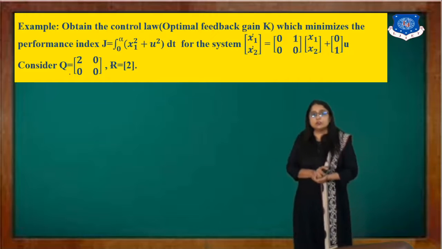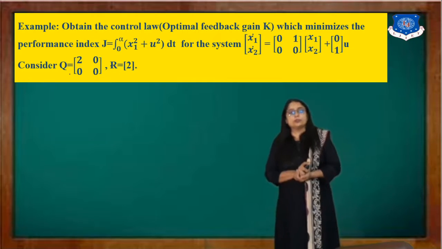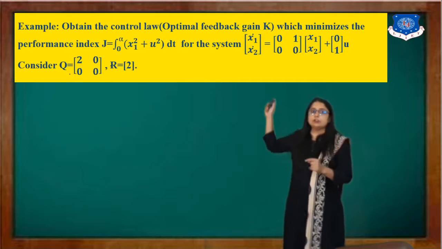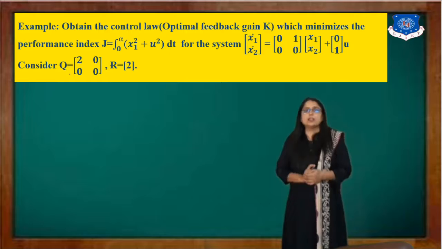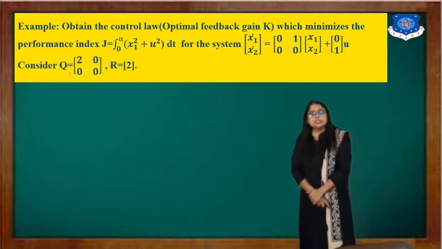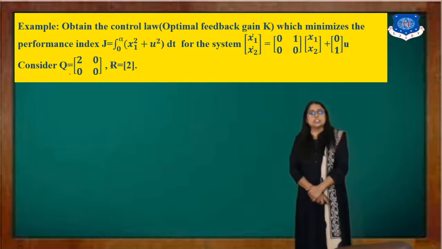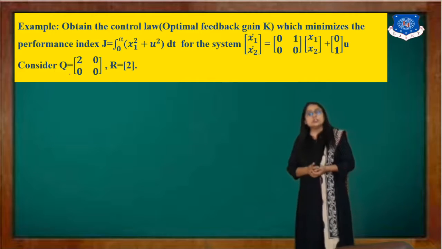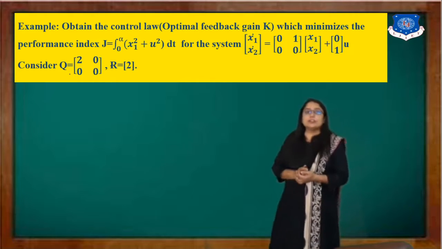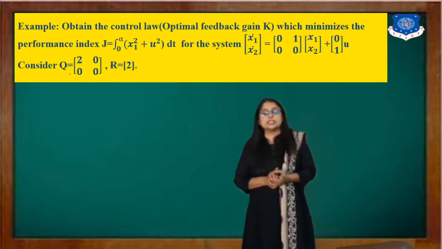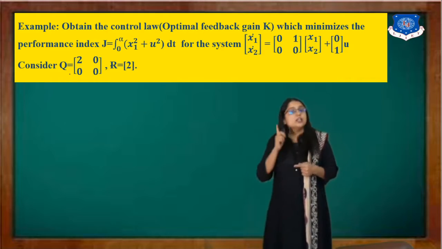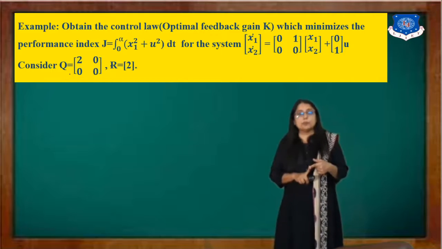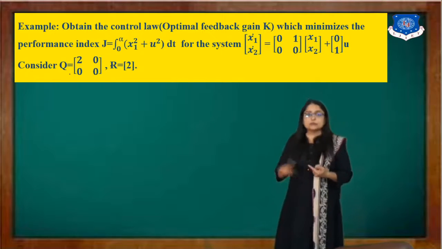Here we have to obtain the control law K. In the last session we already found the value of K, which minimizes the performance index J equal to the integral from 0 to infinity of x1 square plus u square dt. You know very well what the performance index is, which we discussed when we learned the theory related to the optimal solution.